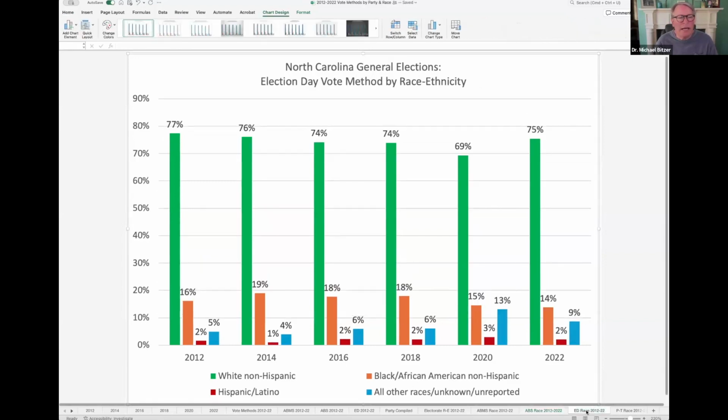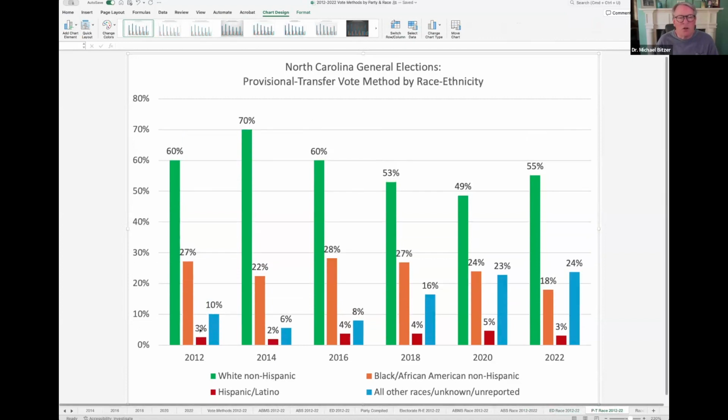On election day, again, same kind of trends for each election, that vote method on election day, the race and ethnicity breakdown, and then also among the provisional transfer ballots, that race and ethnicity breakdown as well.